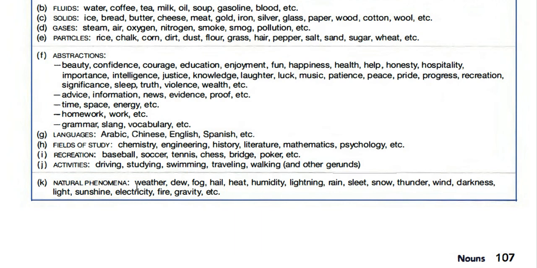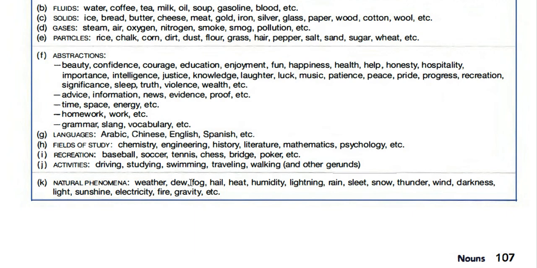Natural phenomena. We again need to emphasize natural phenomena like lightning or the weather, the fog, the hail, the rain, sleet, snow, thunder, wind, darkness, light, sunshine, electricity, fire, gravity.